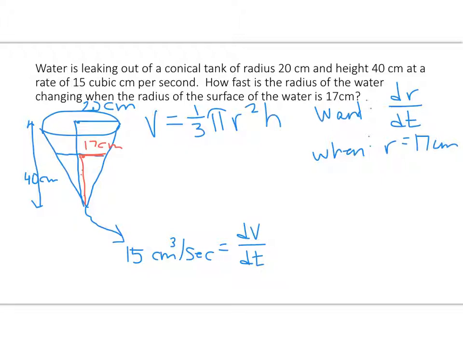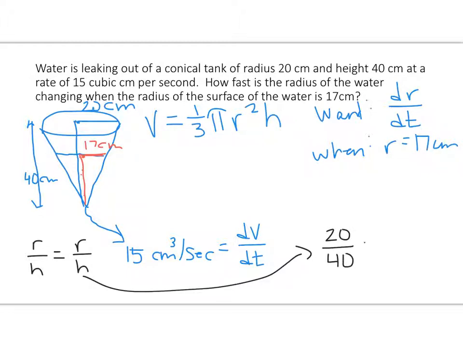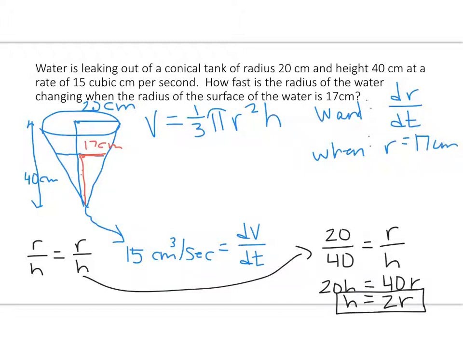And I know the radius is always in proportion to the height. So the original radius is 20 when the height is 40. So I can get, for any instant in time, the radius as a function of height, or the height as a function of radius. So I'd have 20 h equals 40 r. So my height is always equal to twice the radius, no matter at what point I am filling or emptying this tank.